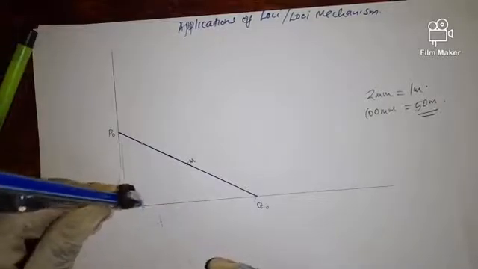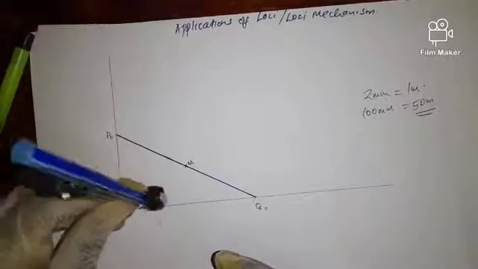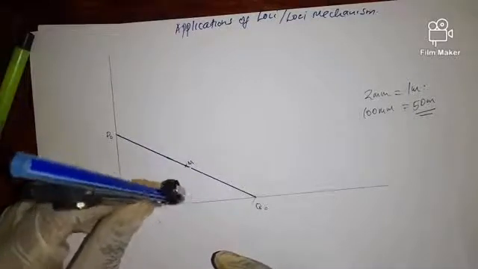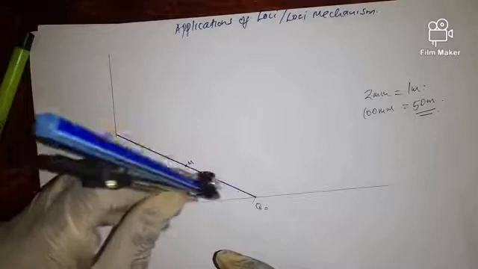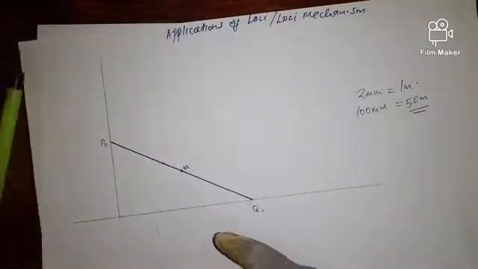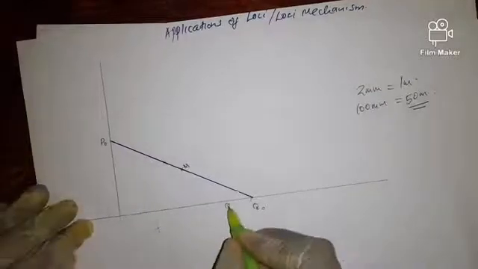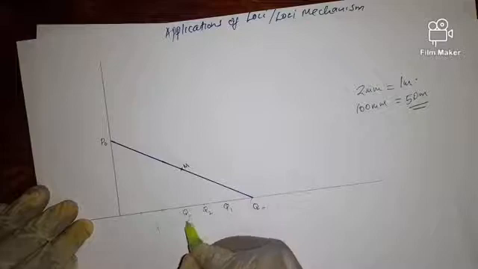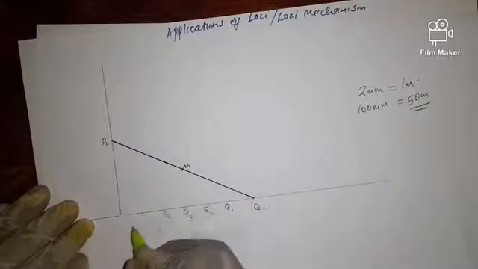We just have divisions, so that means this is going to be our Q1, Q2, Q3, Q4, and Q5.